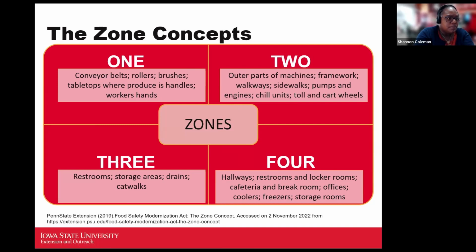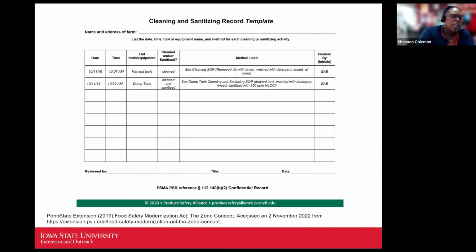So looking back at the Cornell template that's been provided, it has a place where you put your name and the address of your farm. You then can put your date of activity, time of activity, a list of tools and equipment, and a statement of whether something was cleaned or sanitized or both.